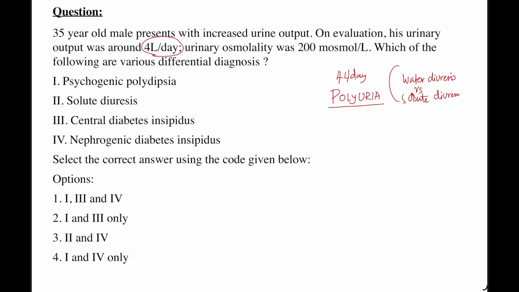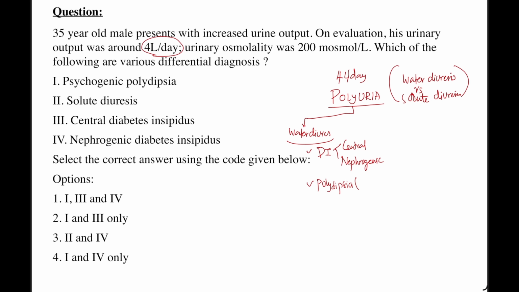This is the major hurdle for you because there are 2 different causes. When I say water diuresis, I am referring to diabetes insipidus, which can be central or nephrogenic. In diabetes insipidus, you will see water losing, that is water diuresis. Similarly, there is one more cause, that is polydipsia, which is psychogenic.